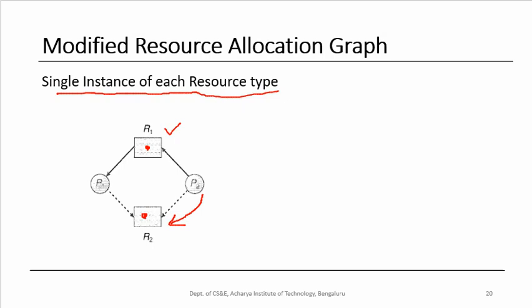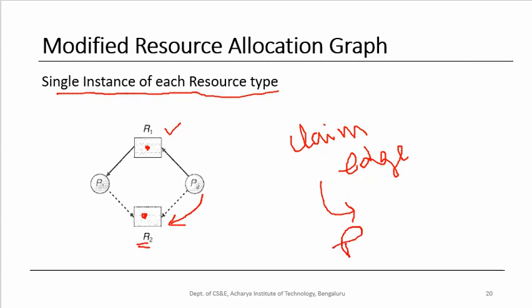Now if we grant this resource to P2, then what happens to this claim edge? This claim edge will be converted into a request edge. How do we represent the request edge?